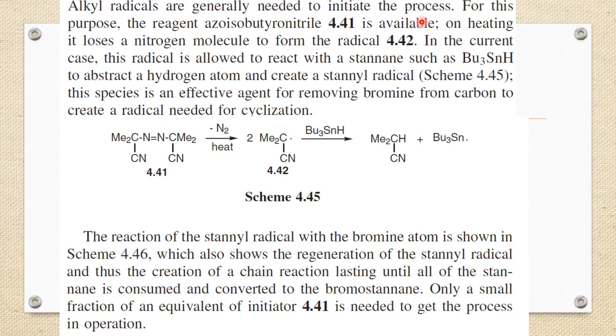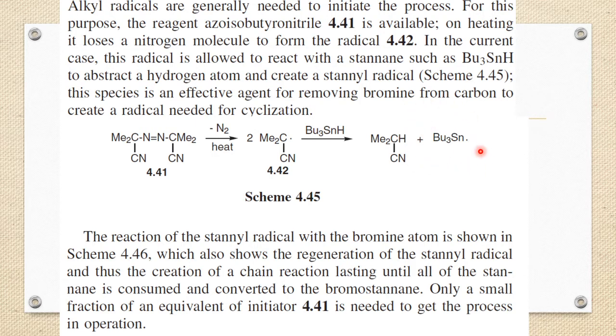Most of the time we use AIBN, azobisisobutyronitrile type compounds, or peroxides, and this on heating will lose a molecule of nitrogen, giving rise to the trimethylnitrile containing carbon radical. And this radical will react with stannane and create a radical site at the tin center.